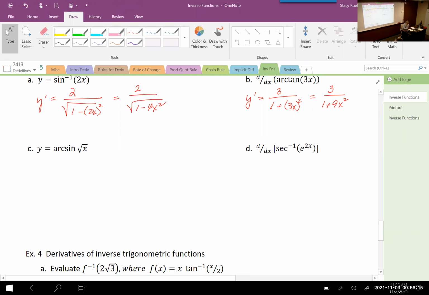The inverse arc sine of the square root of x. Well, that's the same thing as inverse sine of x to the 1/2.